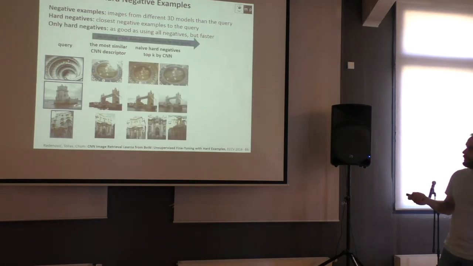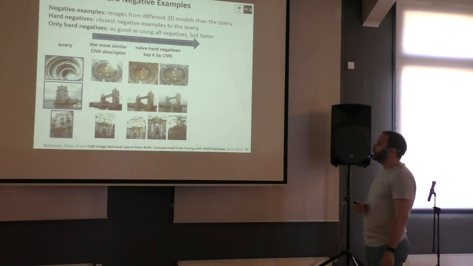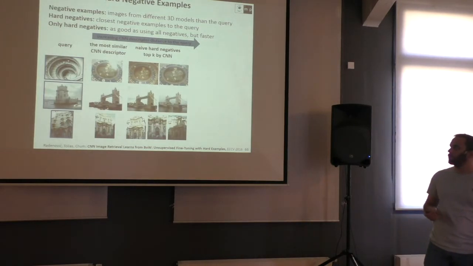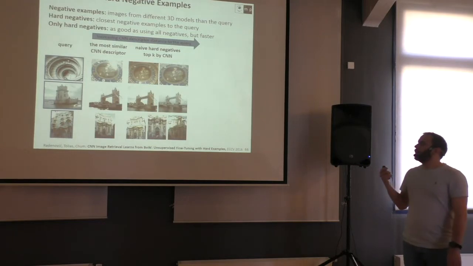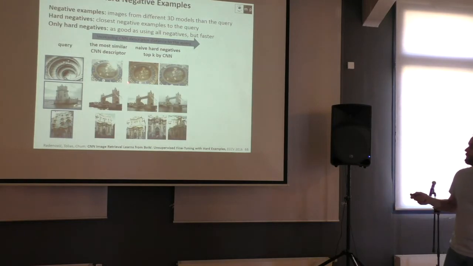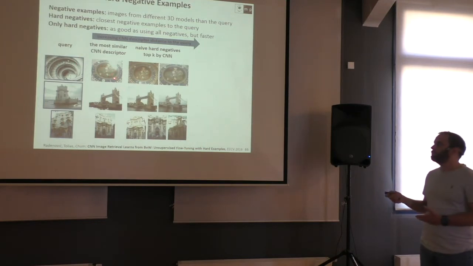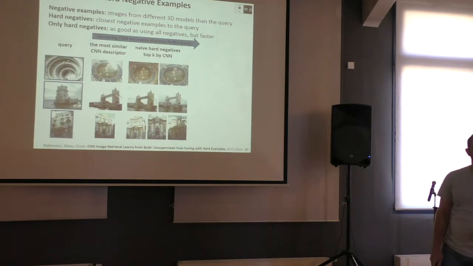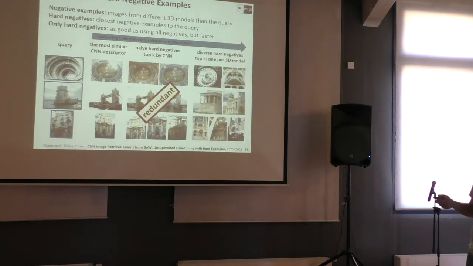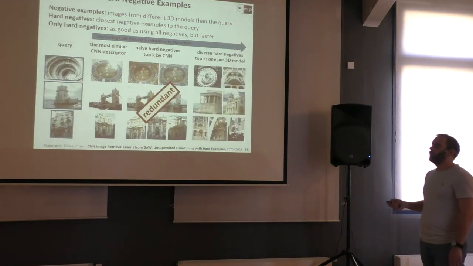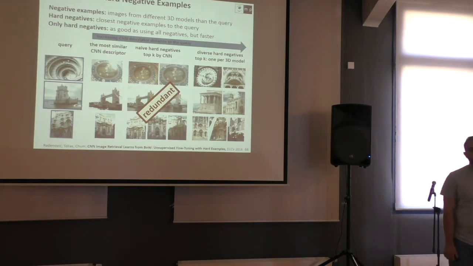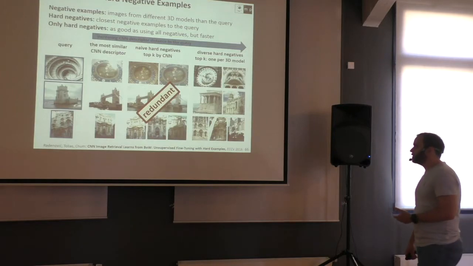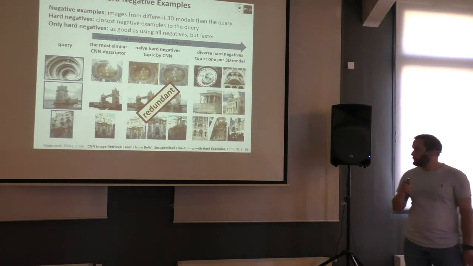If you would try to do that in the same procedure, taking additional closest images that are not from the same 3D cluster, what will happen in most of the cases is that near duplicates to the most similar negative image will actually also be very hard negative images, and you don't want that because it's redundant. So what we propose is to take one image per 3D cluster. So we take the hardest images from different clusters, but one per cluster.